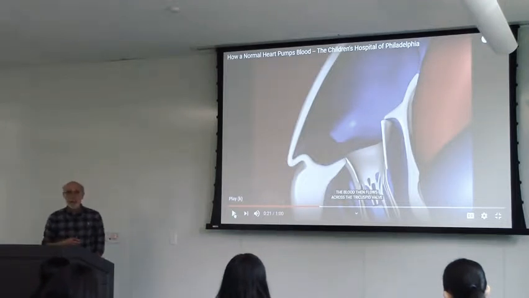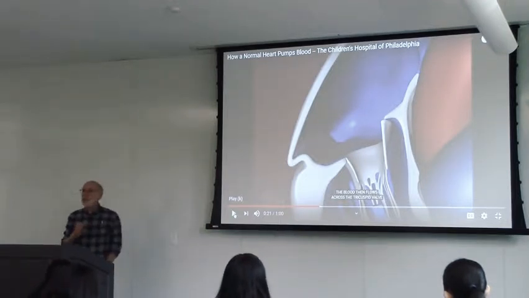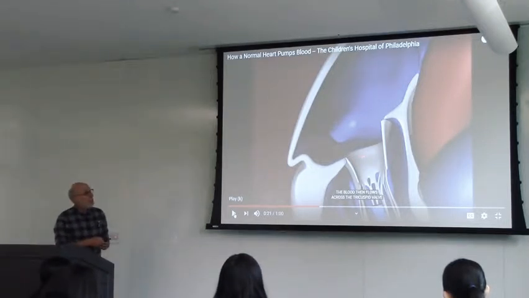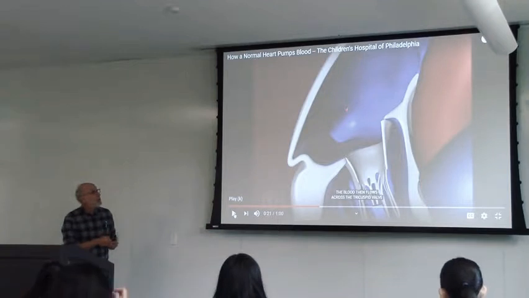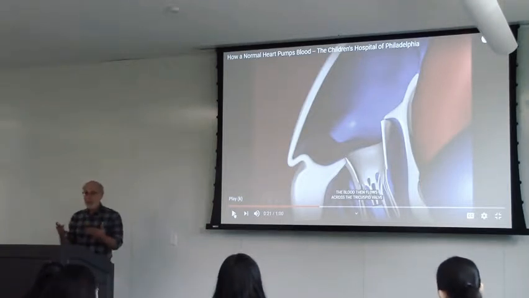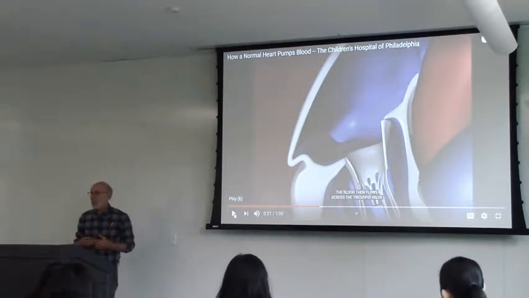We'll talk about this. So in between ventricular contractions, the tricuspid valve is open and blood is flowing. Blood flows from the atria into the ventricles. This is refilling the right ventricle.